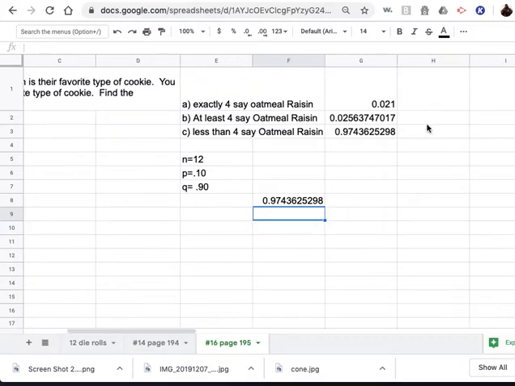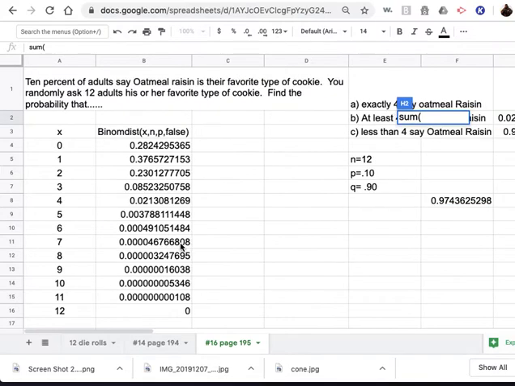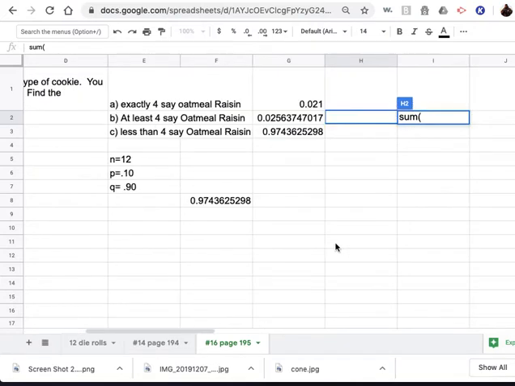So I'll go ahead in here and type in what we did. We know that this is the sum of B8 through B16.